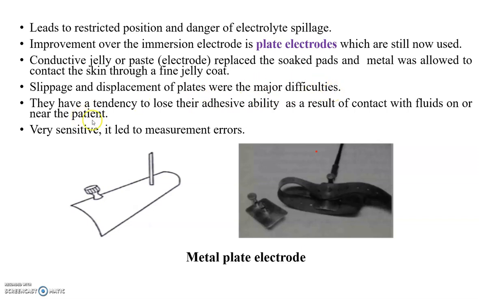They have a tendency to lose their adhesive ability as a result of contact with fluids on or near the patient. So it is very sensitive and led to measurement error. This is a schematic diagram of the metal plate electrode. This diagram represents the 3D view of the metal plate electrode.